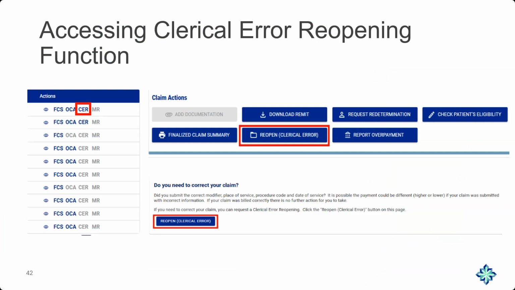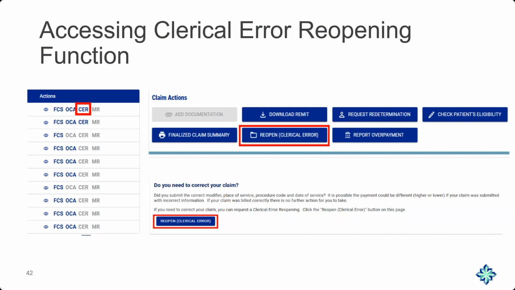There are quite a few places to access this option. In the claim summary screen, that's where we looked at those acronyms that were in the actions field. And if you are able to submit a clerical reopening, those acronyms are going to show in blue. I've got that shown here on the left side.